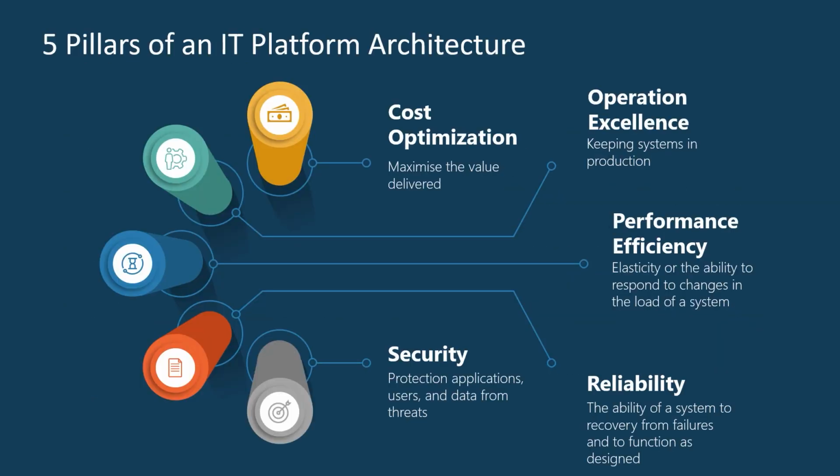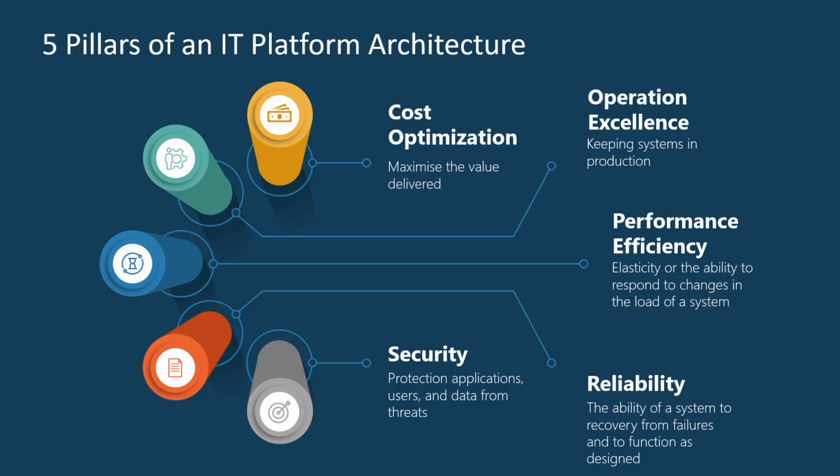Now, when we look at the 5 pillars of an IT platform architecture, there are things like cost optimization, to maximize the value of any delivered solution. We're also looking at operational excellence, where we make sure that things are up and running, that production is up to date and can serve our clients.